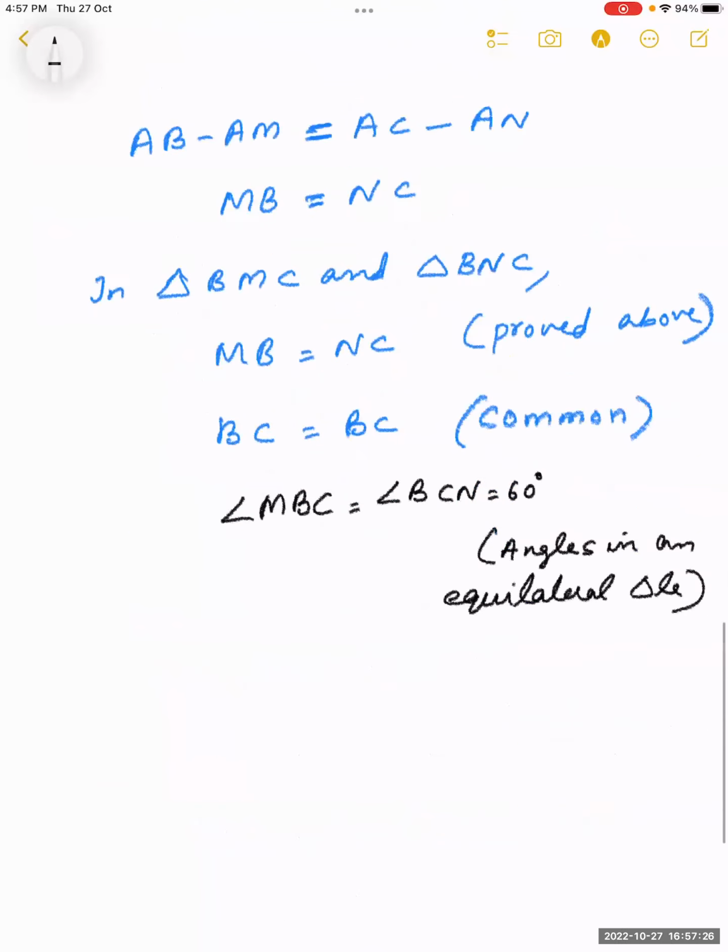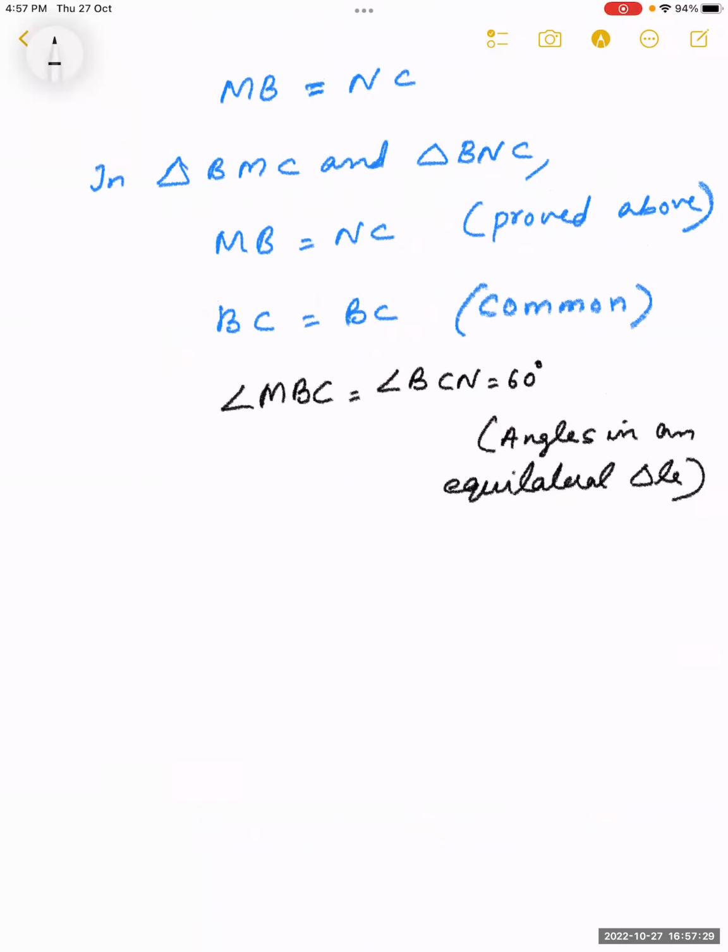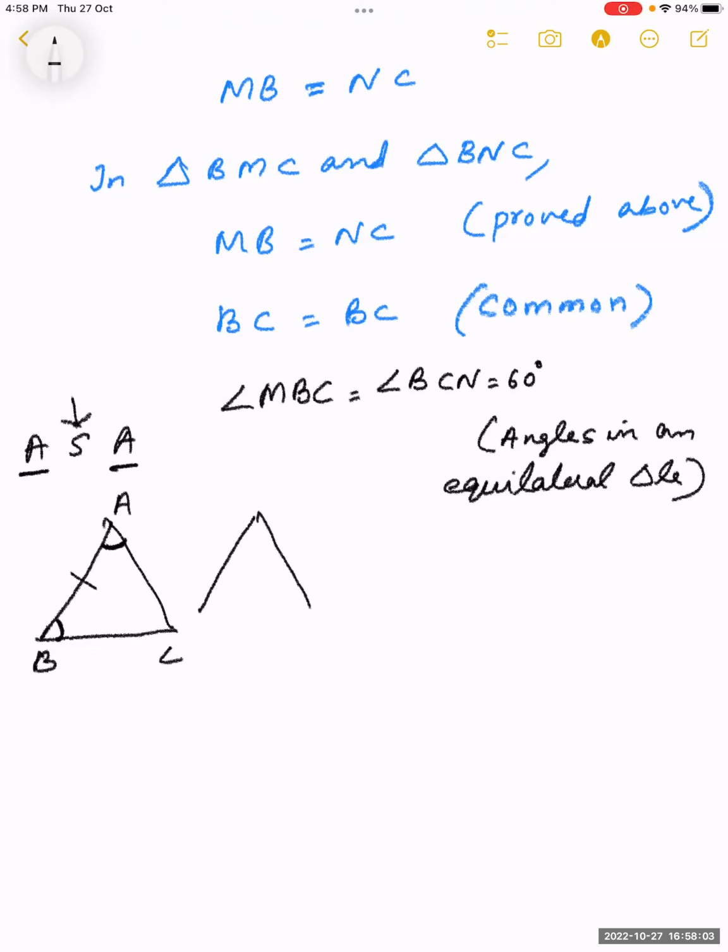I don't understand the difference between ASA and AAS. Like similar ones, when there are two angles and one side. See, ASA means, when you have a triangle ABC, A stands for angle, S stands for side.